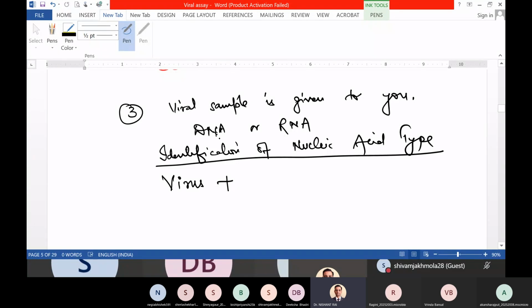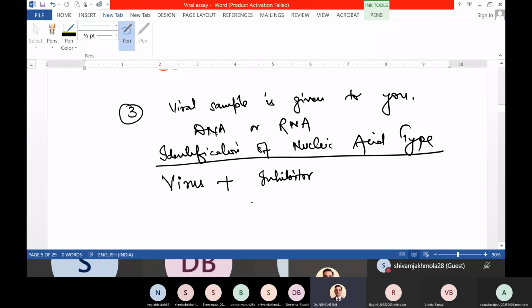Getting my point? You have to find out whether it is DNA containing or RNA containing, so you will take an inhibitor that will specifically inhibit either DNA or RNA. If it inhibits both, then you are not able to identify the nucleic acid type. So you will take an inhibitor.